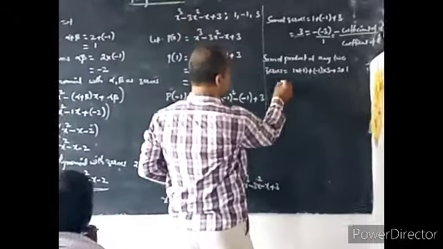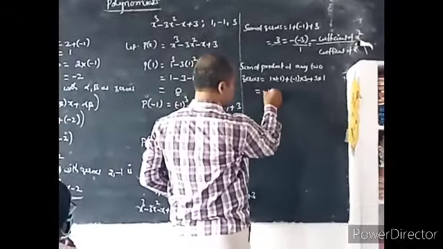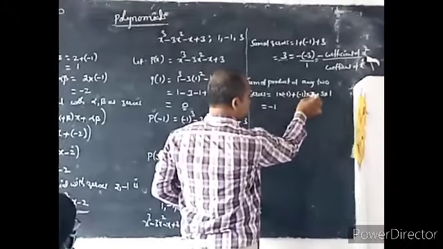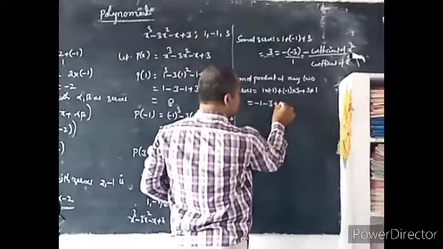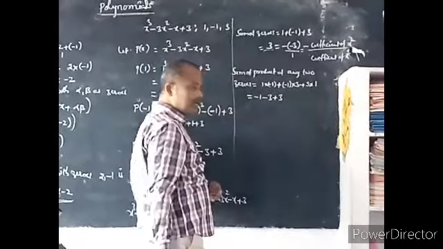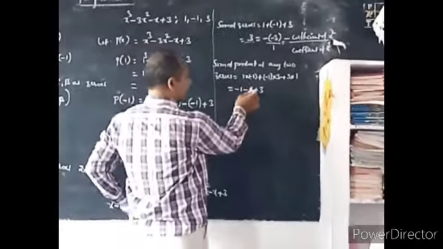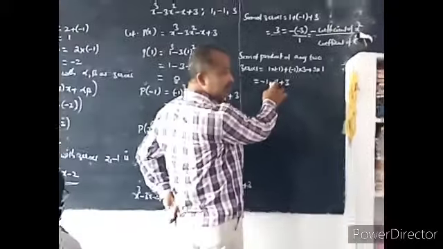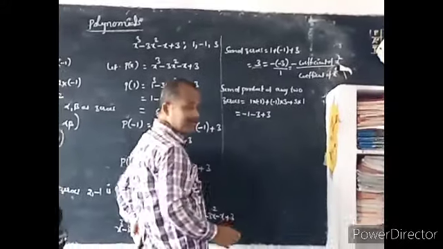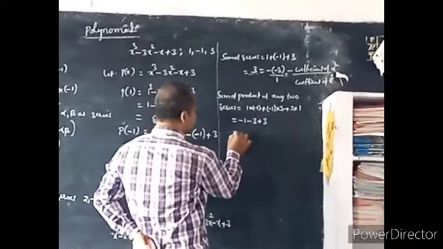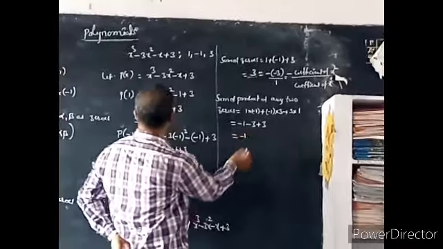How much are we getting? 1 into minus 1 is minus 1 only, plus minus 1 into 3 is minus 3, plus 3 into 1 is 3 only. Now minus 1 minus 3, minus 4. Minus 4 plus 3, minus 1.